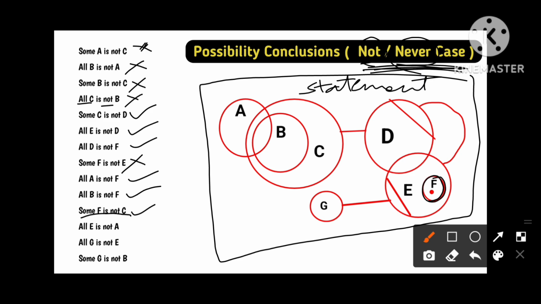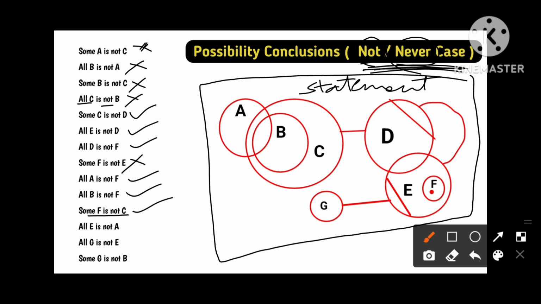Actually the syllogisms concept is: the conclusion's meaning, do you see the same in our basic statement or not? This is what the syllogisms concept is. So here we see that some F is not C.